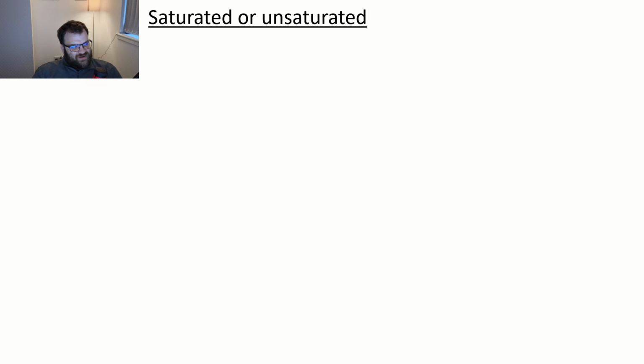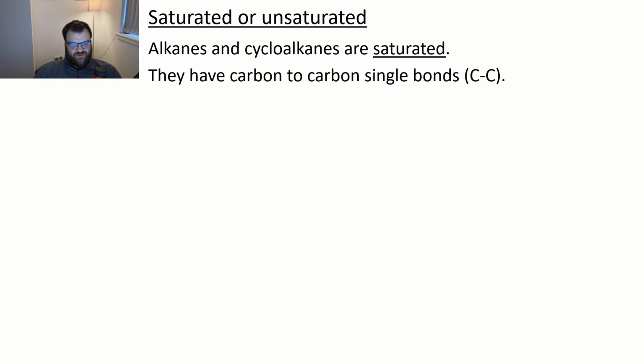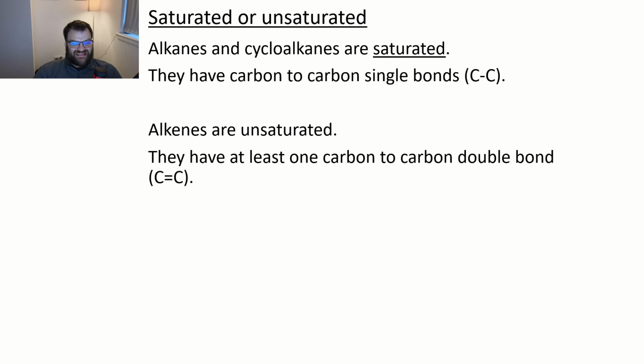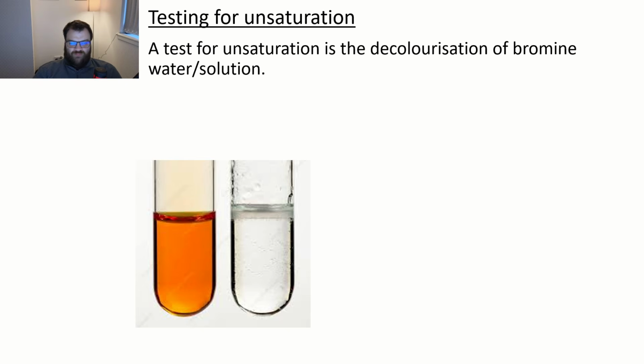Next part we need to know about are saturated and unsaturated compounds. Alkanes and cycloalkanes are saturated. They have carbon-to-carbon single bonds. An alkene would be unsaturated as they have at least 1 carbon-to-carbon double bond. Now, to test if something has carbon-to-carbon double bonds, we can use bromine water or bromine solution.